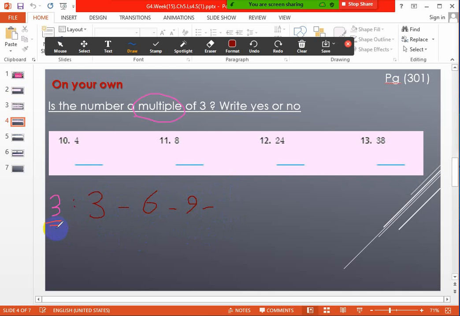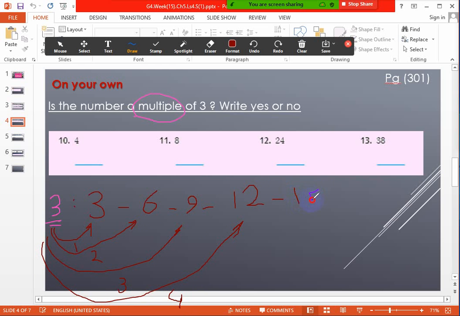3 multiplied by 4. So here I will multiply 3 by 1, then 3 by 2, then 3 by 3. After that, I will multiply 3 by 4. 3 multiplied by 4 equals 12. Then you can multiply 3 by 5 equals what?